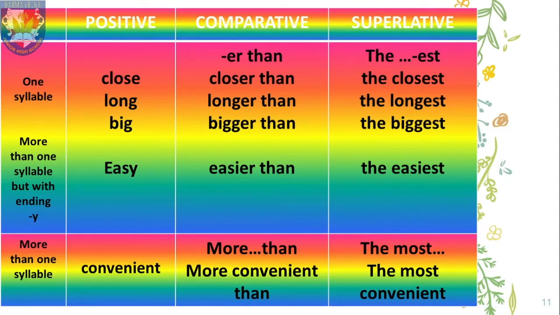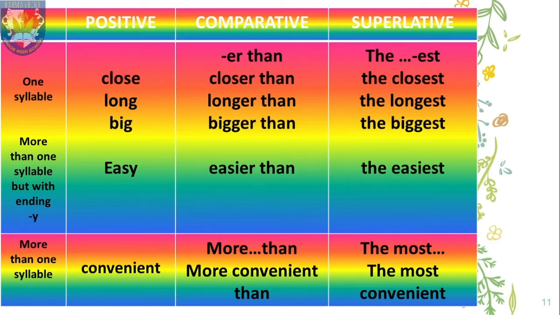And this is the explanation about comparative and also superlative adjectives. The way to change the positive word to the comparative and superlative, as you can see. If it is one syllable, like close, long, or even big, you just need to put er at the end of the word and after that followed by than.